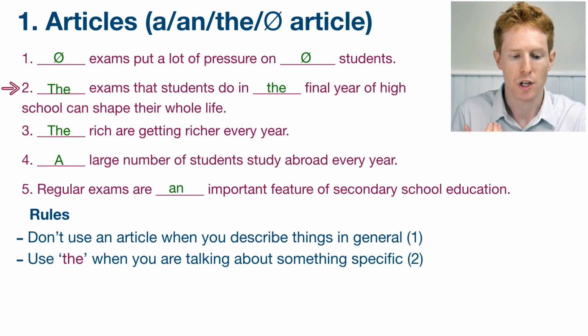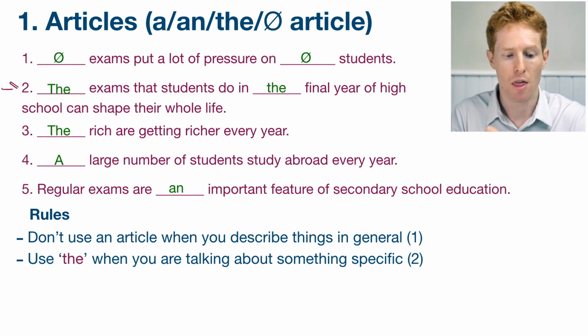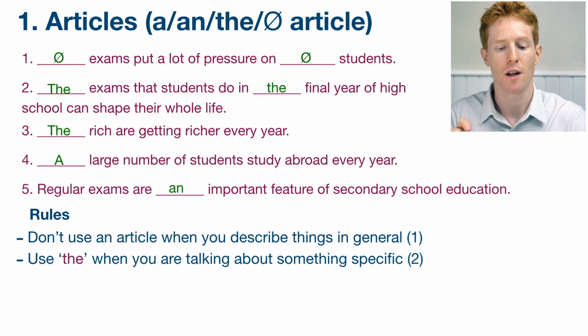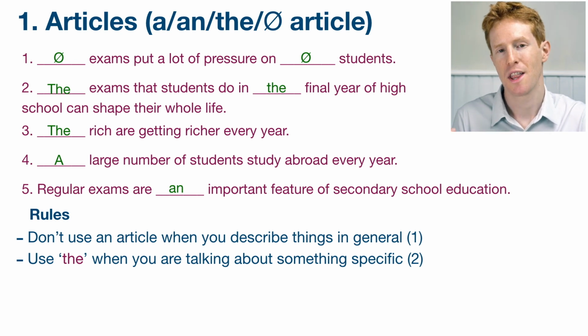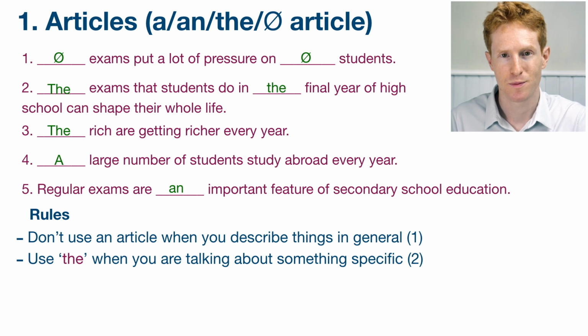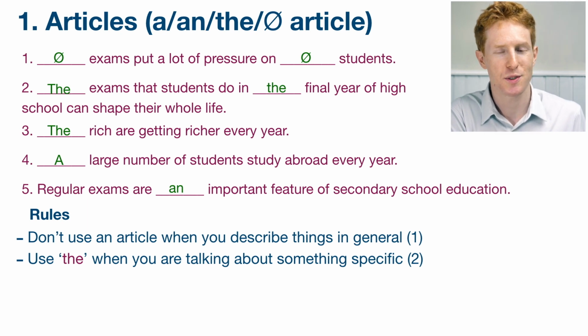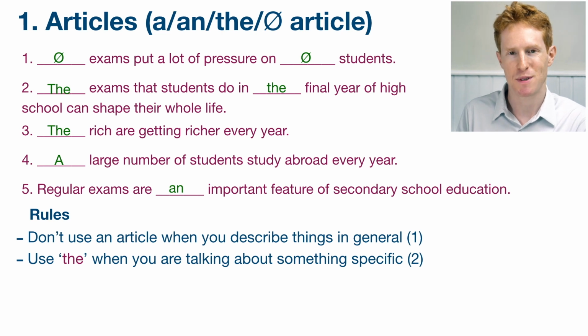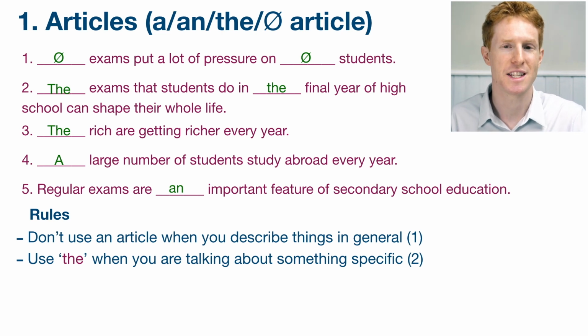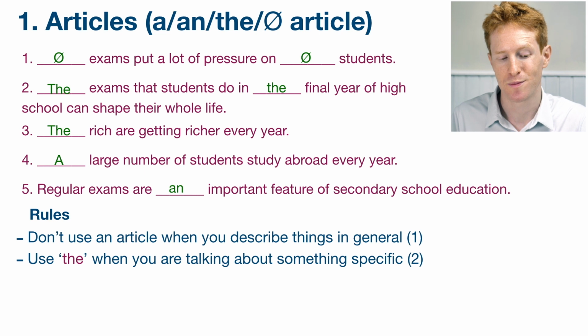So when we're talking about something specific, like the exams that students do in the final year of school can shape their whole life, that's when we use the. So remember, when we're describing something in general, we don't use an article, and when we're describing something specific, we use the definite article, so the.